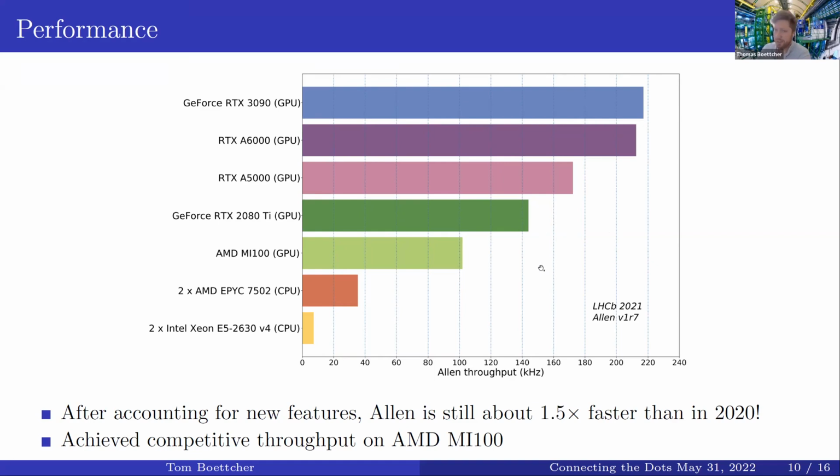In addition to this, we have achieved competitive throughput on this AMD MI100 GPU. This is an AMD card, and we get very nice throughput here, and it's completely viable for our HLT1. This means we have two potential vendors we can use for GPUs, which is important for getting a competitive tender process.